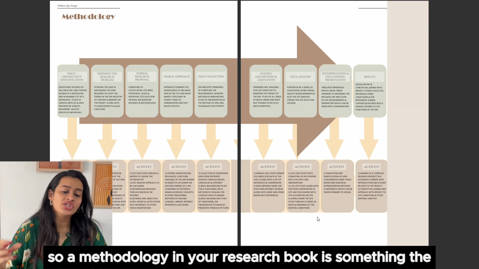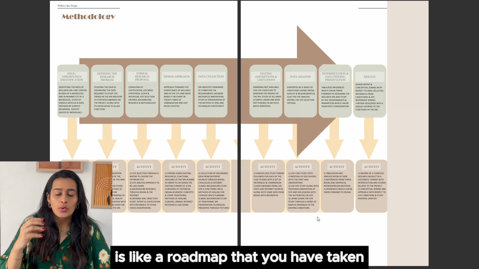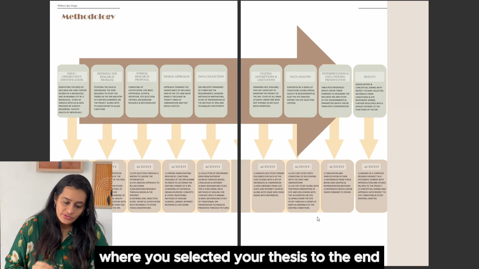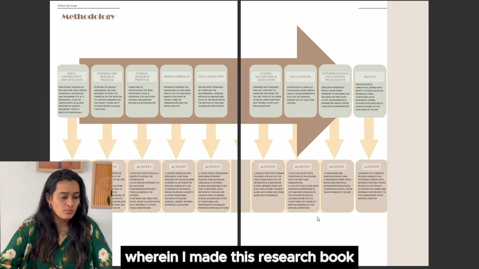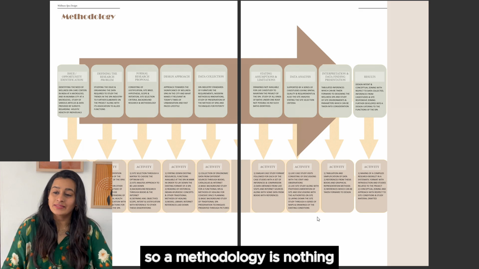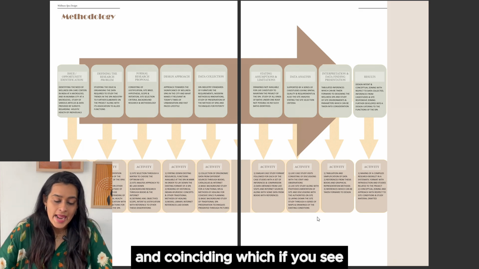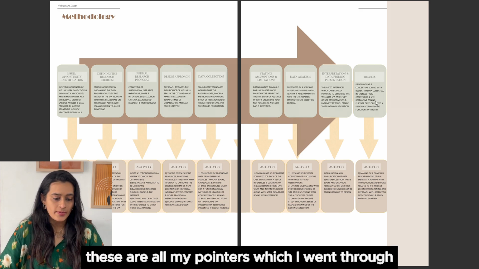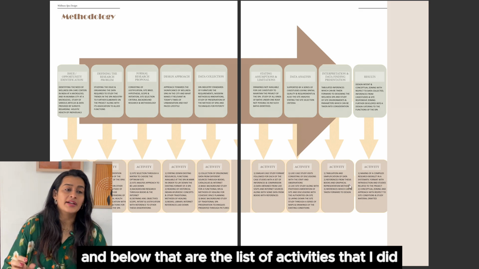So a methodology in your research book is like a roadmap that you have taken from the start point where you selected your thesis to the end wherein I made this research book. It is nothing but a process that you are trying to document, and if you see, these are all my pointers which I went through, and below that are the list of activities that I did.